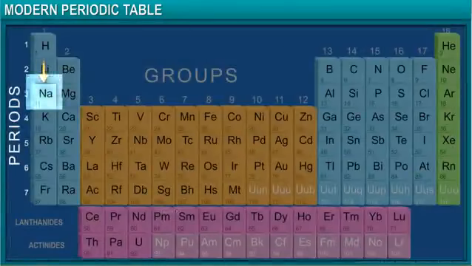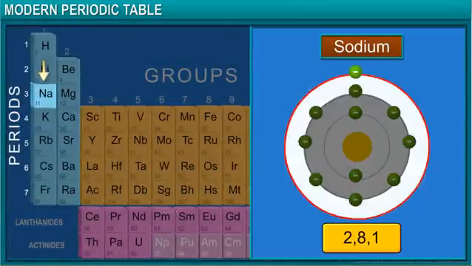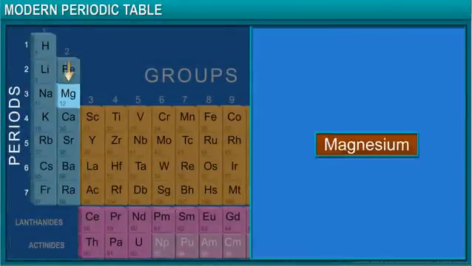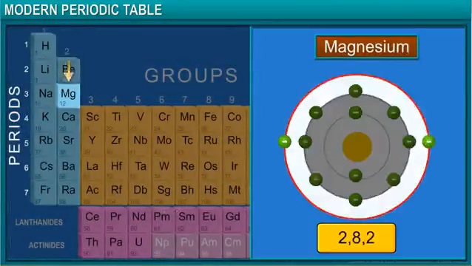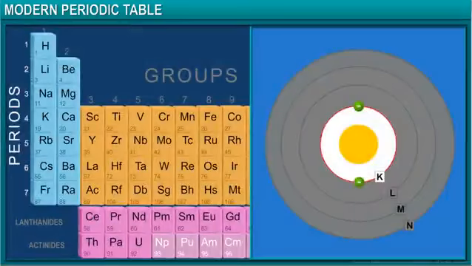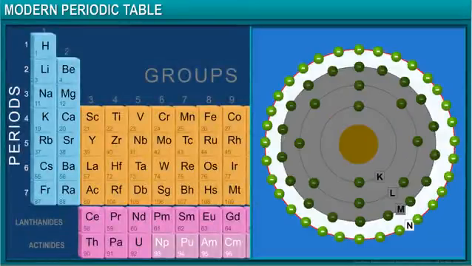The electronic configuration of sodium is 2, 8, 1 and magnesium is 2, 8, 2. In each period, a new electronic shell gets filled.